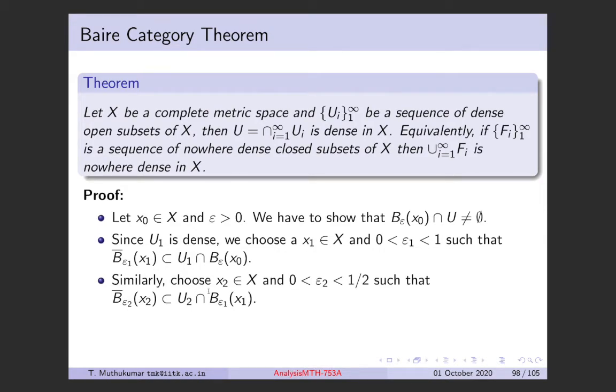Similarly, you choose an x2 and an epsilon 2 which is less than half. So earlier epsilon 1 was chosen less than 1, now epsilon 2 is chosen less than half, such that this closed ball centered at x2 with radius epsilon 2 is contained in U2 intersection this. Okay, this is again by the density of U2. So you proceed like this.